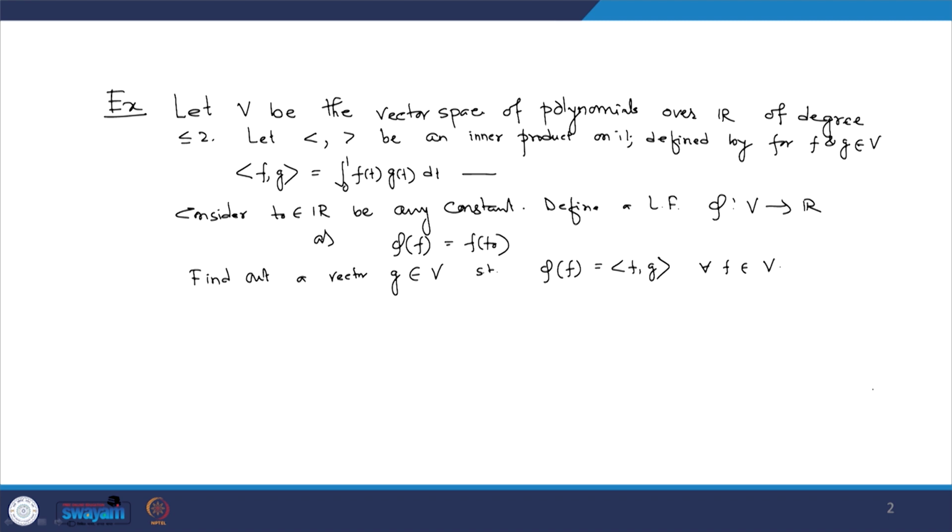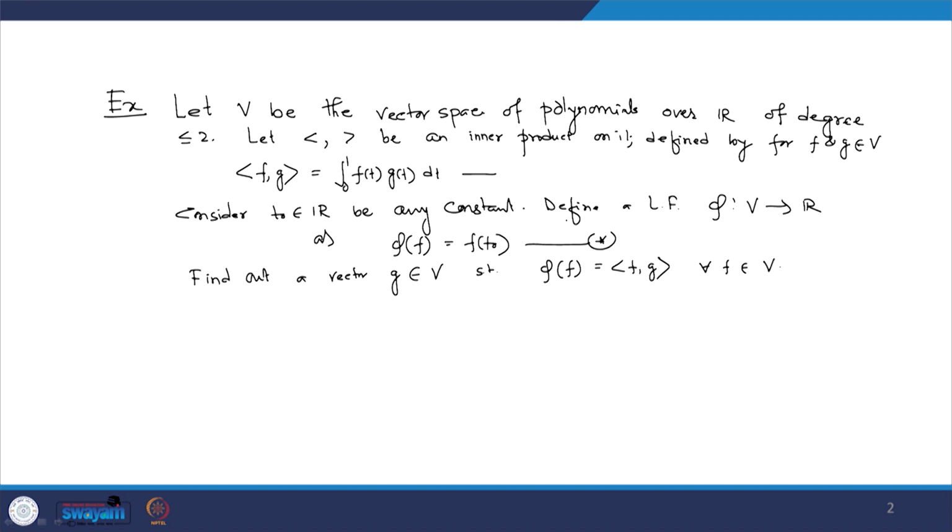For a fixed real number t naught belonging to R, which is a constant, let me define a linear functional phi from V to R as phi of f equal to the function value at t naught.